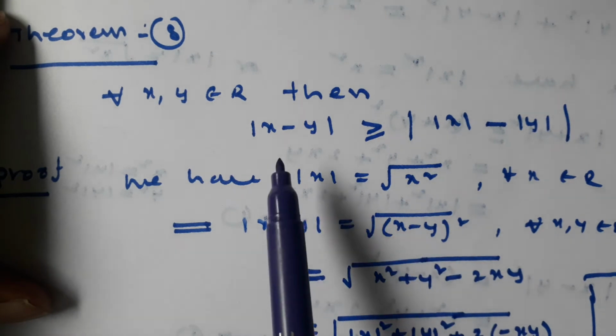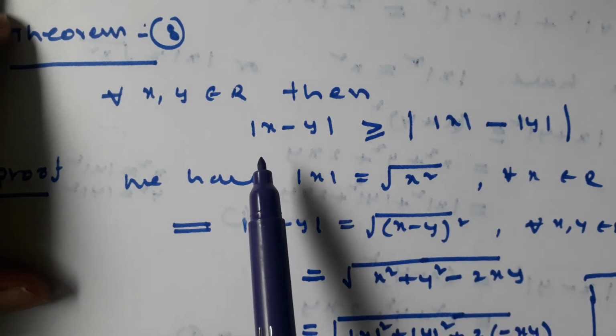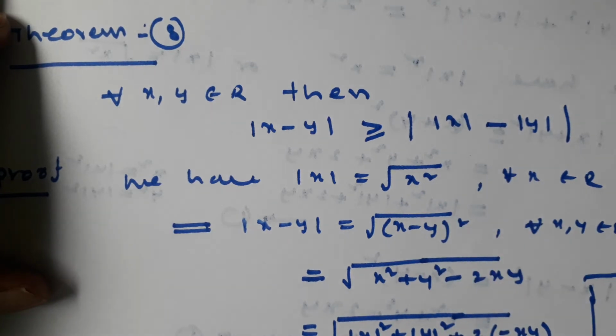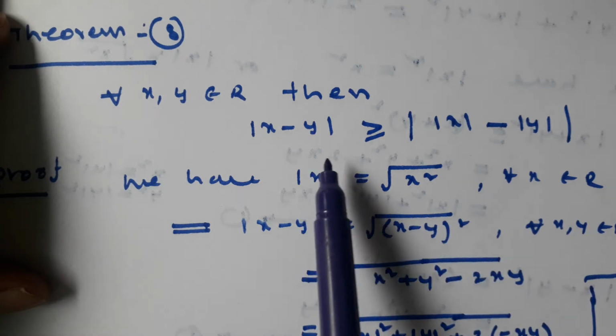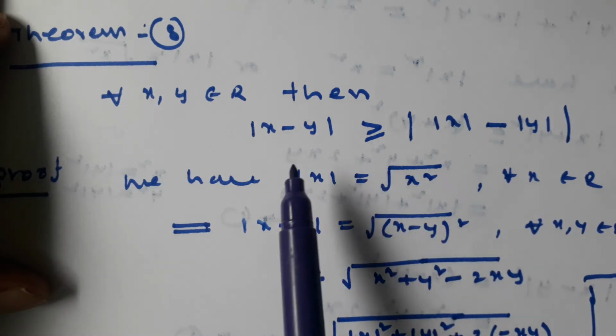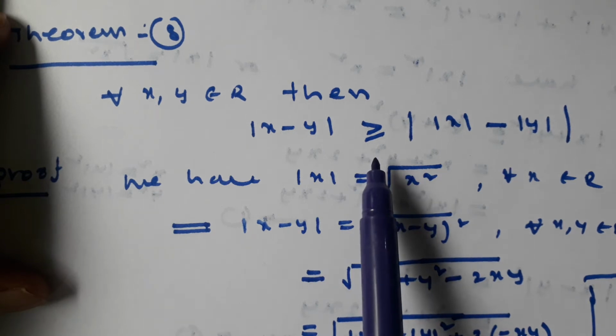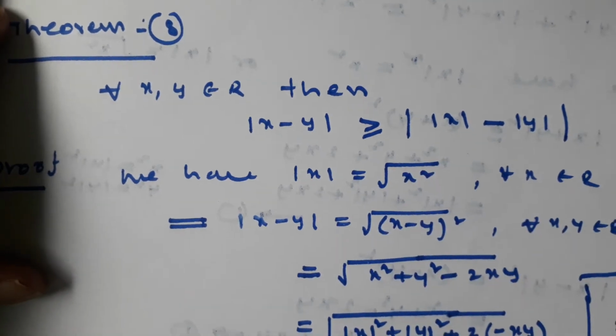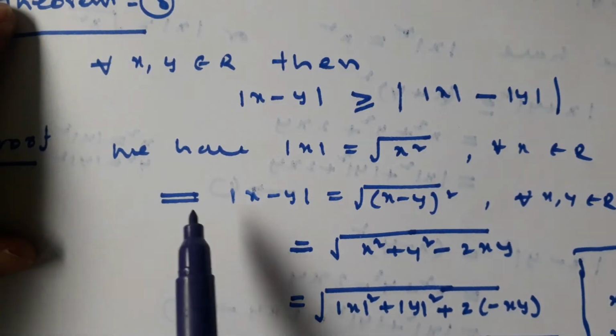So actually we proved previously that mod of x minus y is less than or equal to mod x plus mod y. We have already used that. But here it changes a little bit. The same, mod x minus y is greater than or equal to mod x minus mod y. How is this?